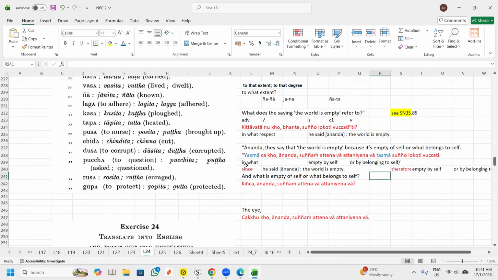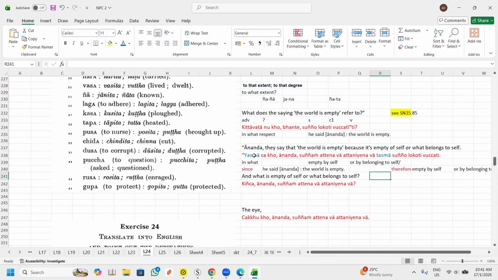here, if you take this one, this is ablative, from what, and this is also ablative, from that. So this is a pairing.